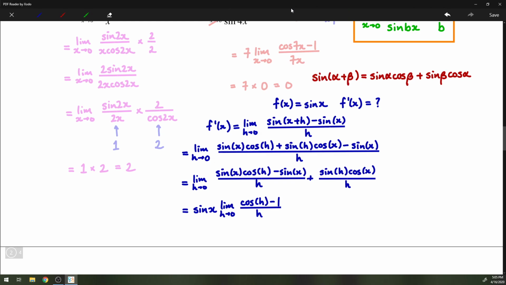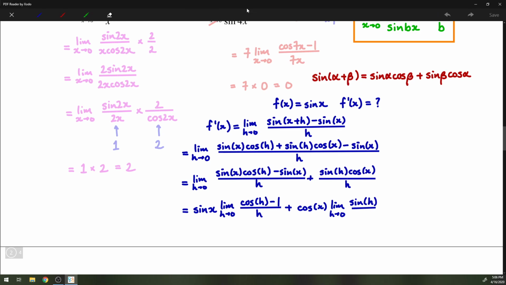And then the second part, we're going to use the limit law for sums here to separate these two terms. We can factor out cosine x, and then we're just left with the limit as h approaches 0 of sine h over h.